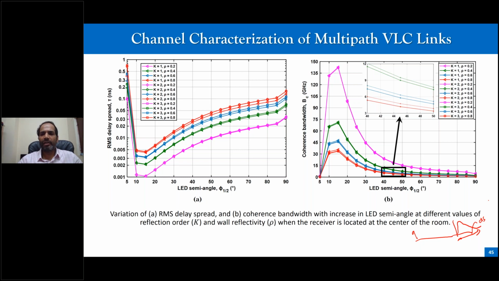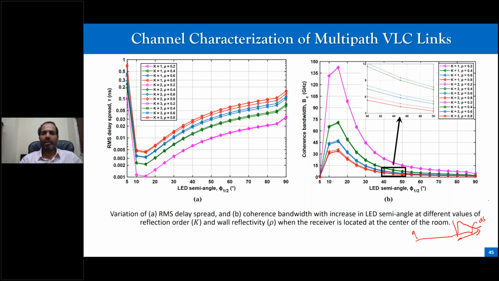If you don't know it, you can think of it like this. The delay spread is the width of the impulse response. The more the width of the impulse response, the less the data rate that you can transmit over a given channel. So we want to understand what kind of delay spread we have over these VLC channels.